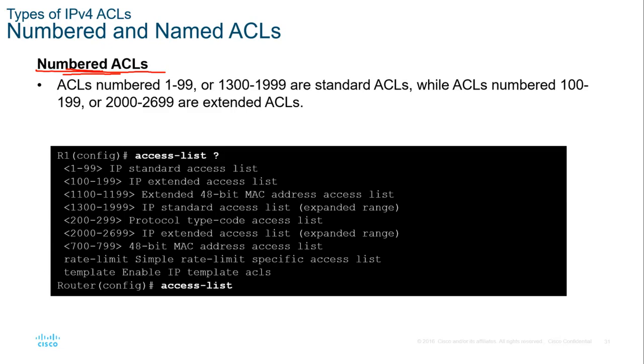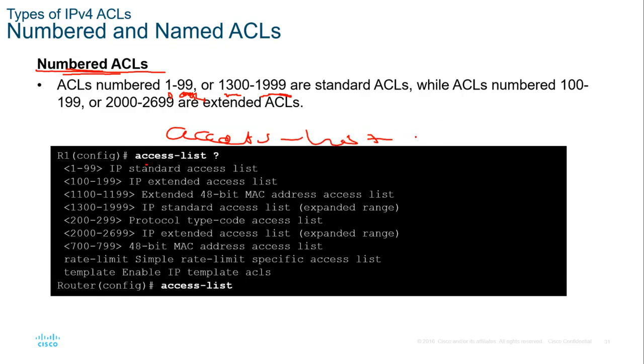So here we have the numbered. For numbered, we have to use the IDs. The access control list numbers are from 1 up to 99, or from 1,300 to 1,999.